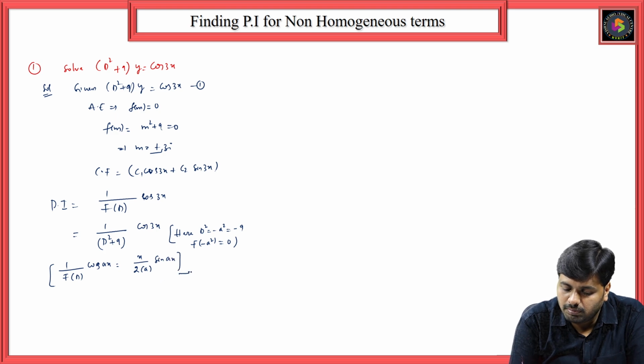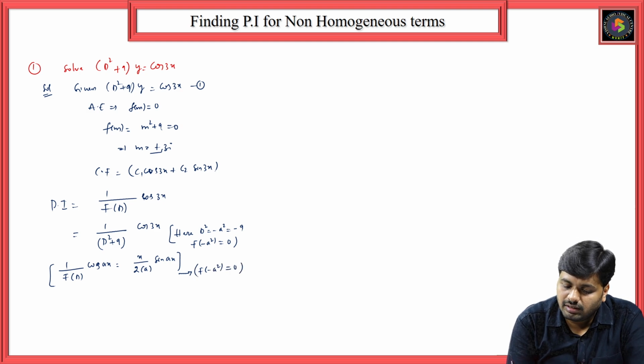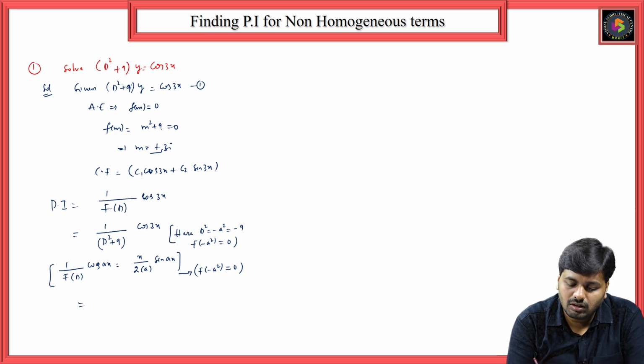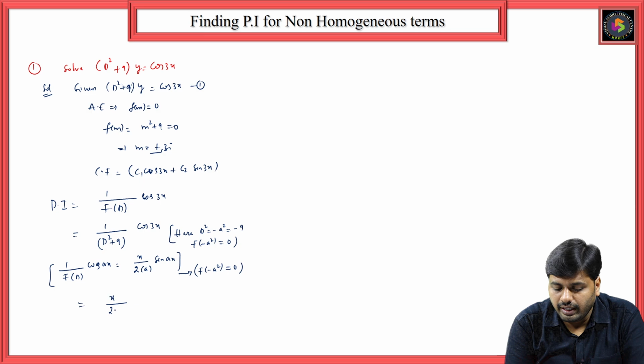When f(−a²) is equal to 0, in such cases this case is satisfied. Therefore, for cos ax, that is cos 3x, it is x by 2a, that is 2 into 3, sin 3x. Now this is x by 6 of sin 3x, which is the particular integral.